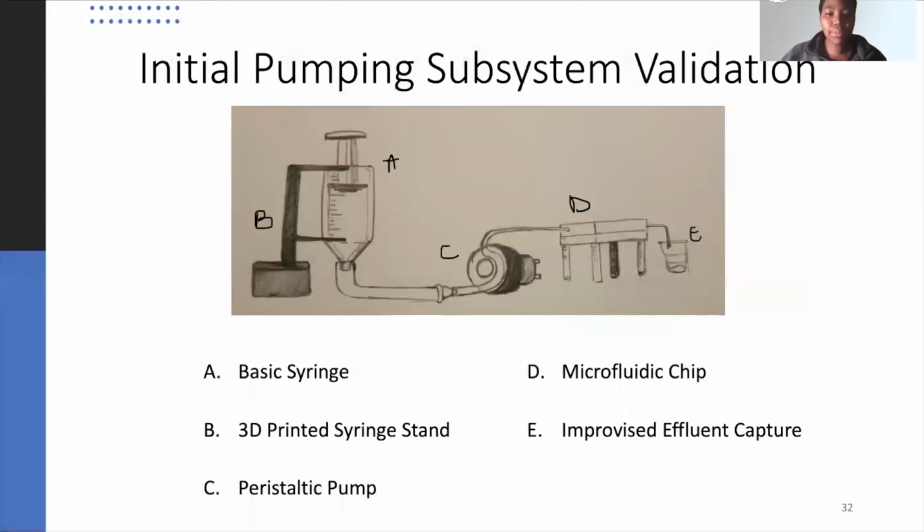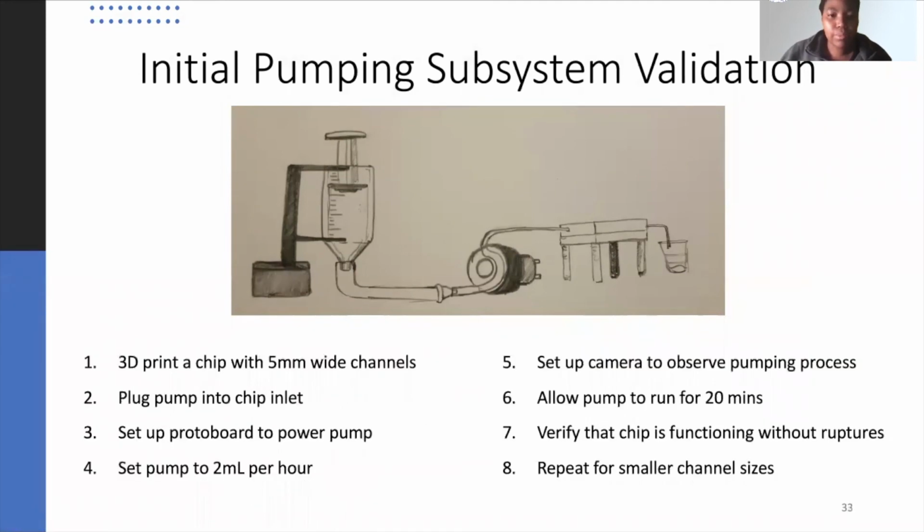For the pumping subsystem, we're going to have the syringe in a stand, and then we're going to connect it to the pump, have the water go through the microfluidic chip and go out into a plastic cup. The way this system is going to work is that the channels for the microfluidic chip initially are going to be 5 millimeter channel sizes. And then we're going to put a known amount of fluid in the pump.